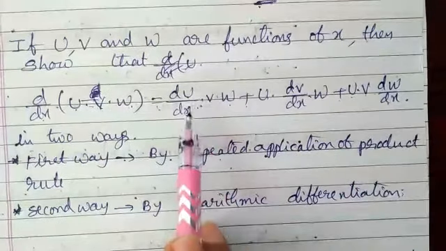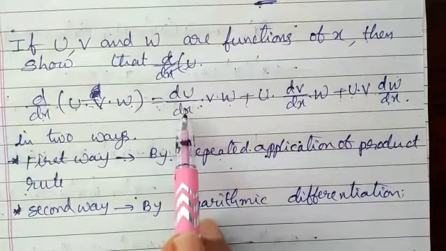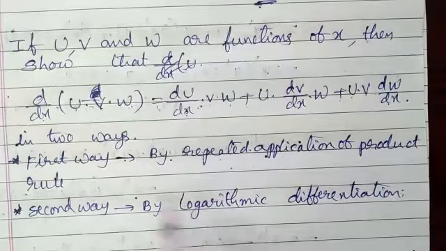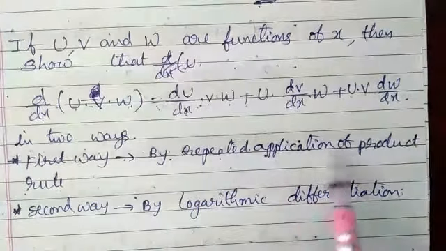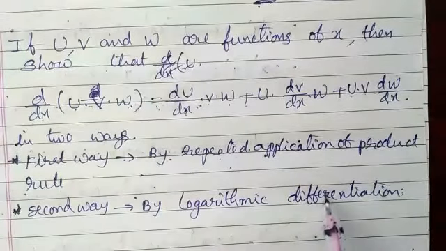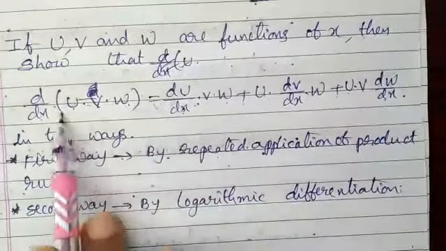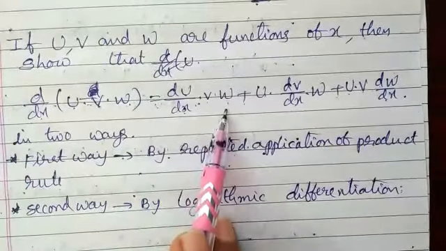You have to solve this derivation by using two ways. First way is by repeated application of product rule and the second is by logarithmic differentiation. By using these two methods we are going to differentiate this function. Clear?